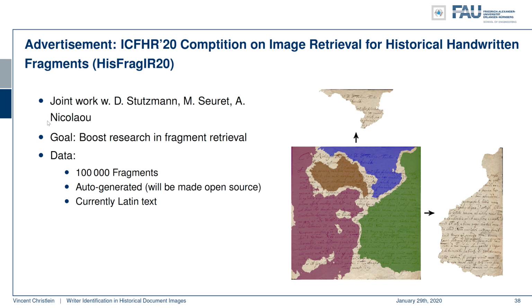The tool will also be made open source, so you can generate your own fragments if you like, and train your neural network. I hope to find some participants here in the room. Maybe you also want to participate in fragment retrieval, because we need some submissions for the ICFHR this year. I will bring the homepage online in about a month, or less. And the fragments will be generated soon as well.